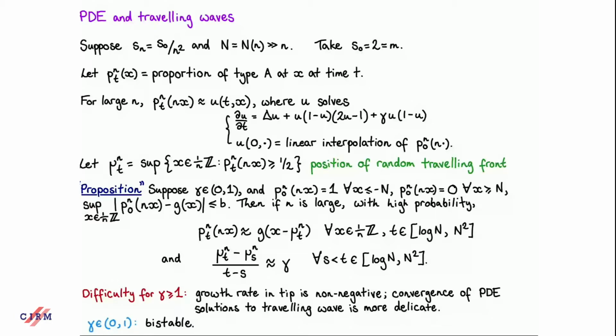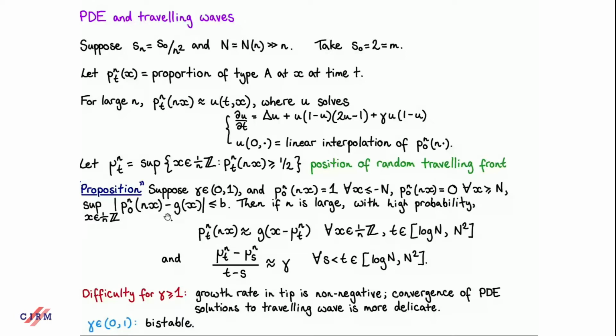So if gamma is between 0 and 1, we want to say that p0n is equal to 1 a long way to the left of the origin, and it's 0 a long way to the right. So we're starting with all type capital A a long way to the left and all type little a a long way to the right. And we also have a technical condition that there's some small positive constant b such that the supremum of the difference between p0n of n times x and g of x is at most b.